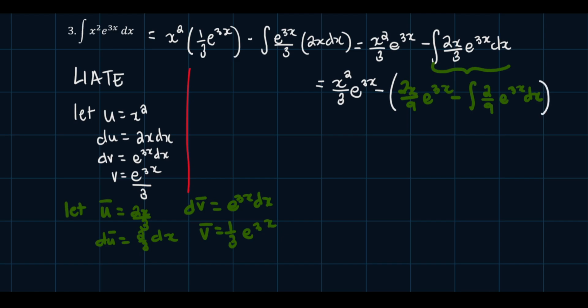And then we again simplify. So x squared over 3 e raised to 3x minus 2x over 9 e raised to 3x plus integral ng 2 over 9 e raised to 3x dx.